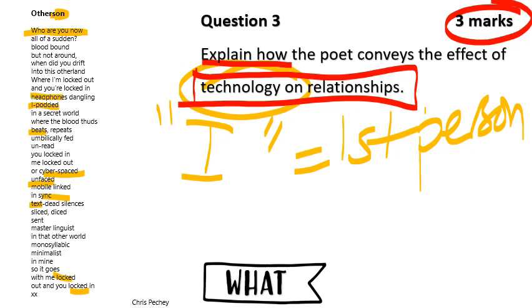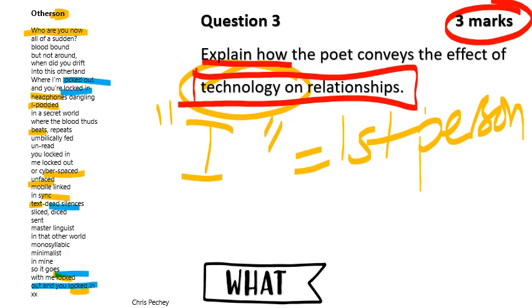So looking at this poem, you can write down some ideas about what you think the effect on the relationships, what is the parent suggesting, and the best place to go is where we see that repetition of being locked out, locked in, and then repeated again at the end.